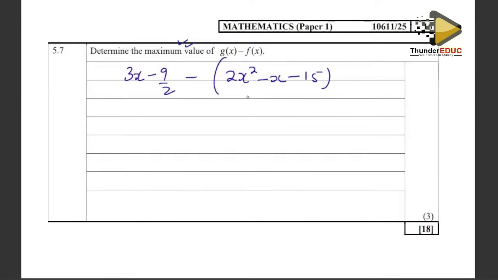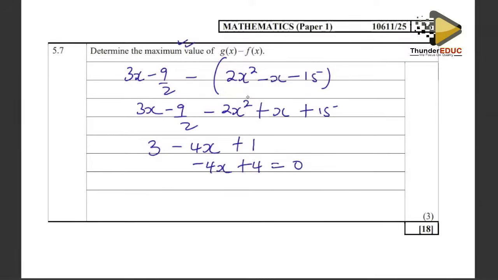We can use calculus somehow, and then we differentiate. So 2x squared is going to be plus x plus 15. Derivative of 3x is 3. This is going to be 0 minus, this is going to be 4x plus 1. This dies out, meaning that it's negative 4x plus 4 is equal to 0. So x is going to be 1. So the maximum happens when x is 1.